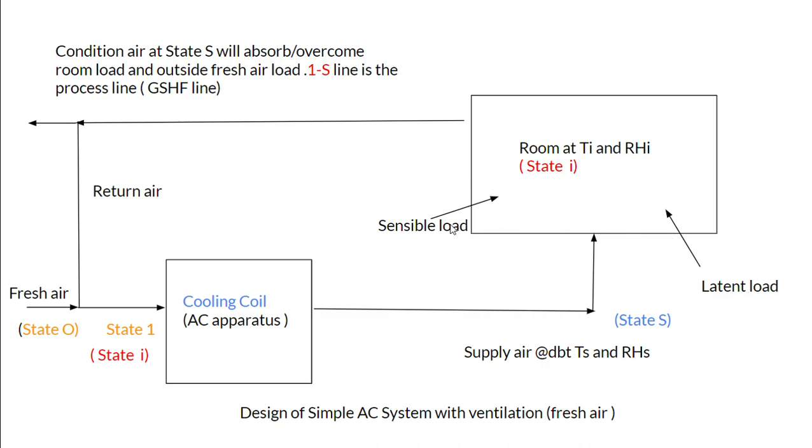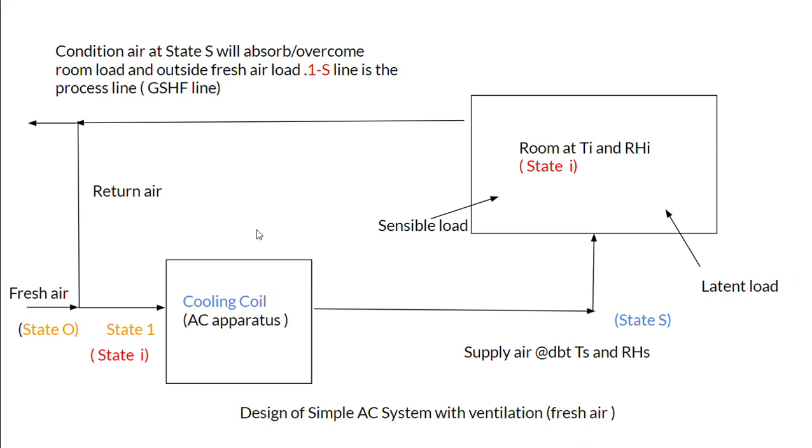Once these loads are overcome, the occupants inside this room would feel comfortable at the temperature Ti and the relative humidity RHI or the specific humidity omega I. How to calculate the sensible load and the latent load, you will learn when we study load calculations in more detail.